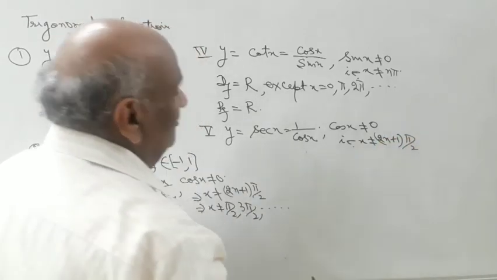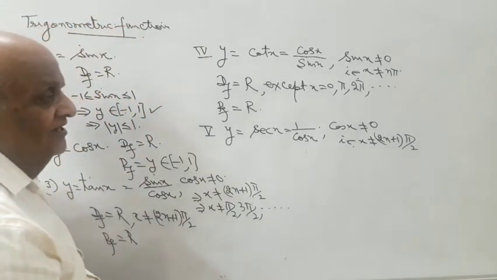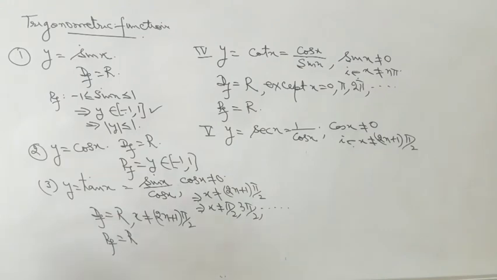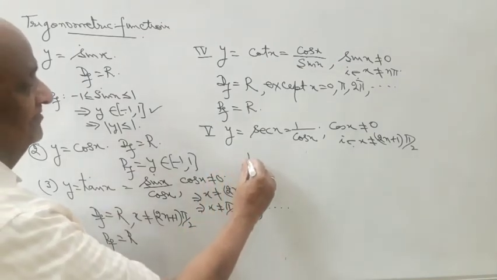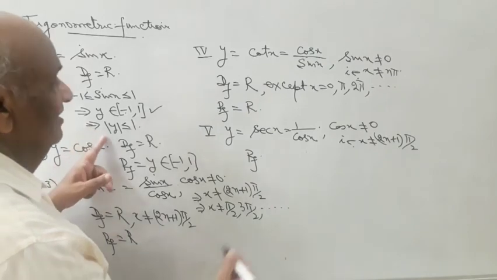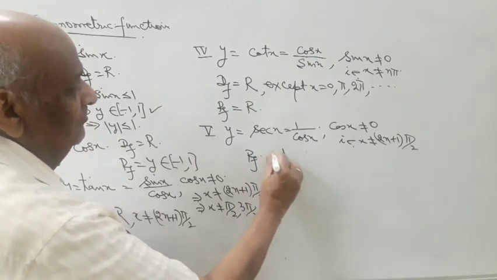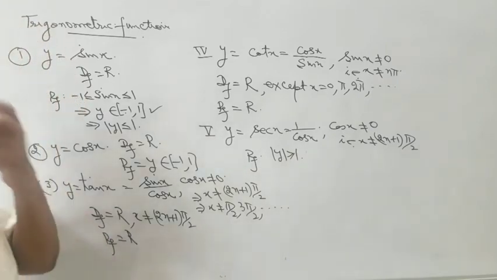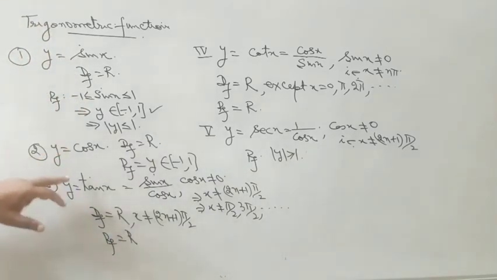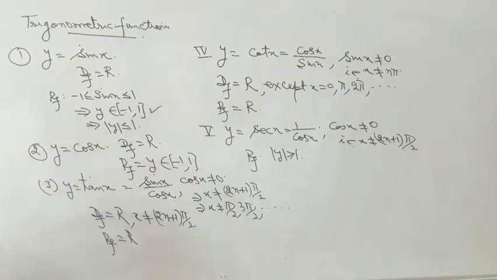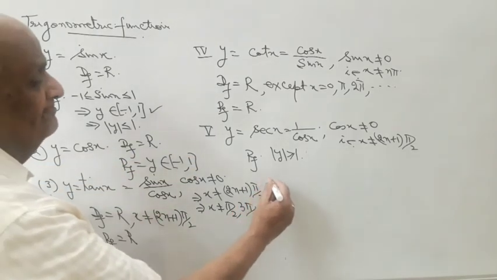So the domain is all real except those. In the range case, you have in the same way this. And here the range of the function is modulus y greater than or equal to 1. See, if y is less than or equal to minus 1 in this case, then in the same way y is greater than or equal to 1. Similarly, for the sixth case, you can list here.